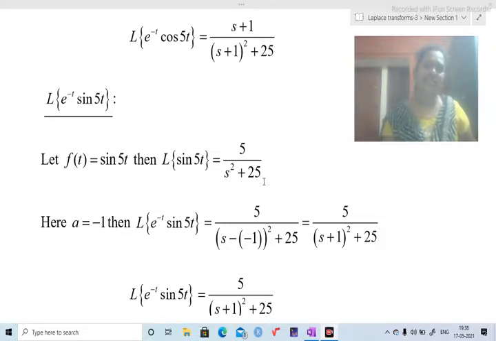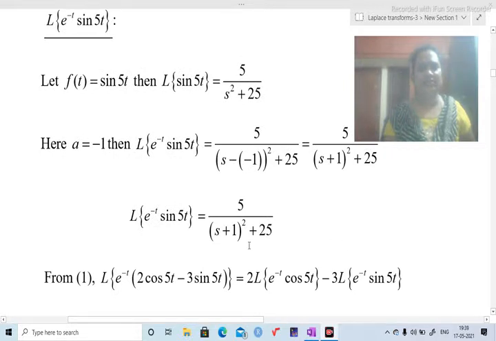Here a is 5, that means 5 by s square plus 25. Observe here the value of a is minus 1. So s is replaced with s plus 1. Then we are going to get Laplace transform of e power minus t into sin 5t, that is 5 by s plus 1 whole square plus 25.